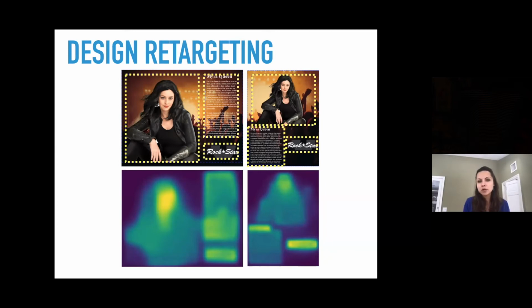The way we use importance is we want to preserve the designer's intent. So if an element was most important in the original design, we want to ensure that it remains the most important or attention capturing element in the final redesign. So we use importance to re-rank all the possible redesigns and then display the best ones we find.